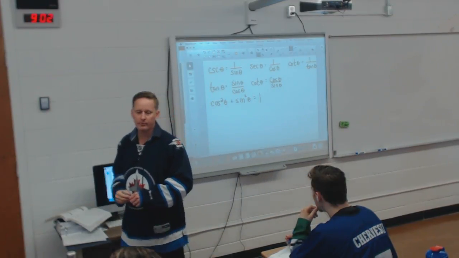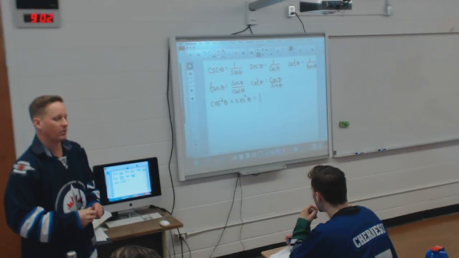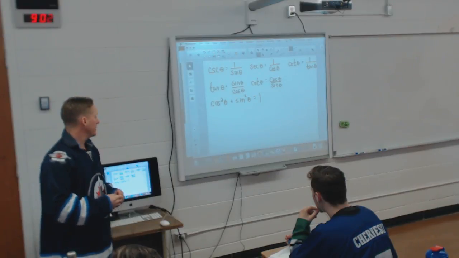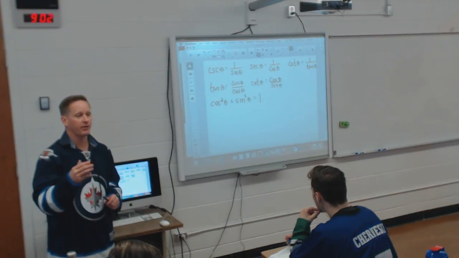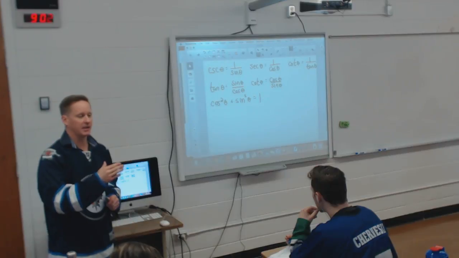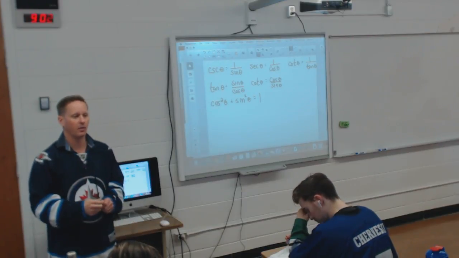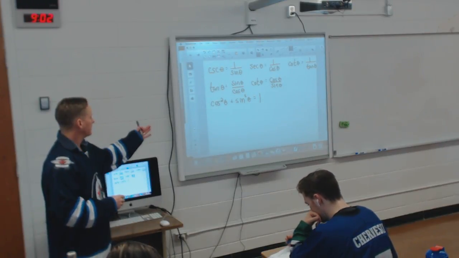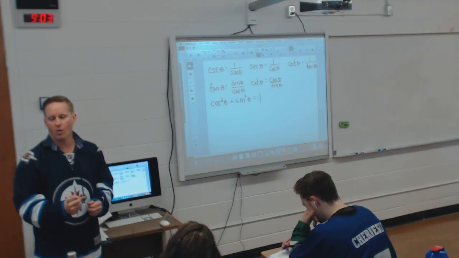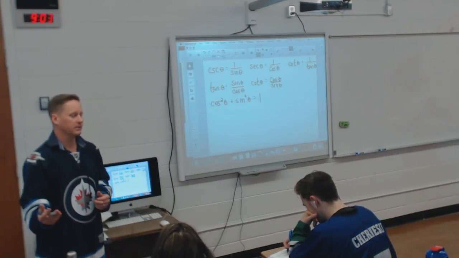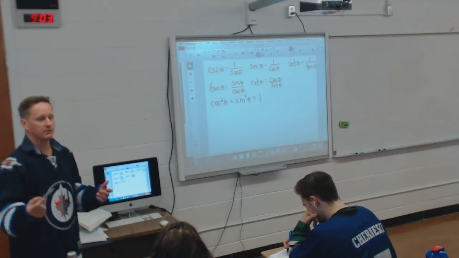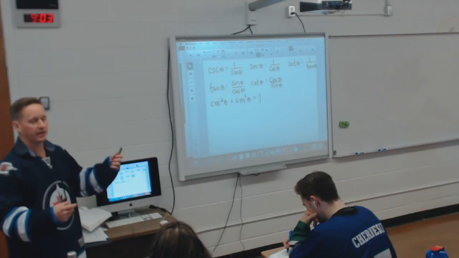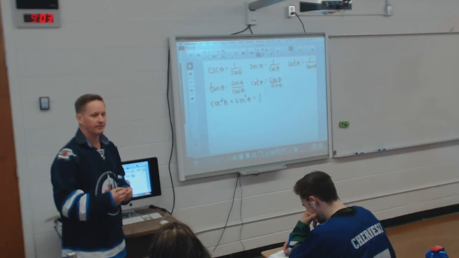Now this is probably the most important identity you're going to work with. And the reason is it allows you to convert from cos theta to sine theta, or sine theta to cos theta, using this identity. So if you know one, you can convert to the other, because the other is just 1 minus, for example, cos squared theta is 1 minus sine squared theta.